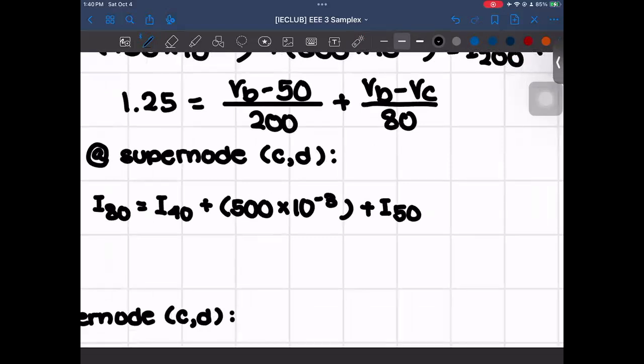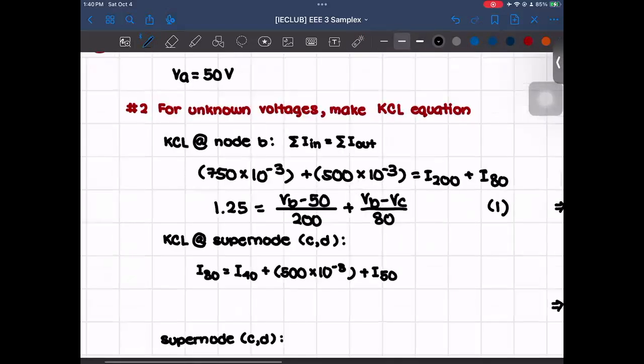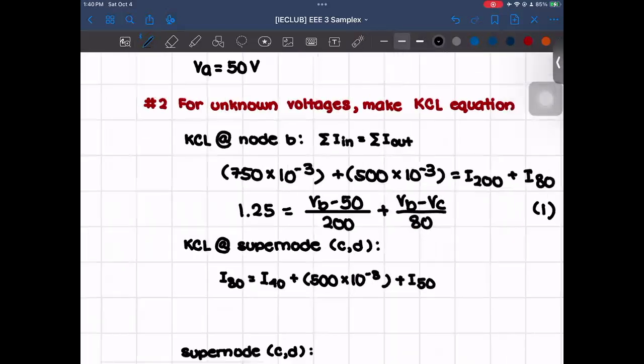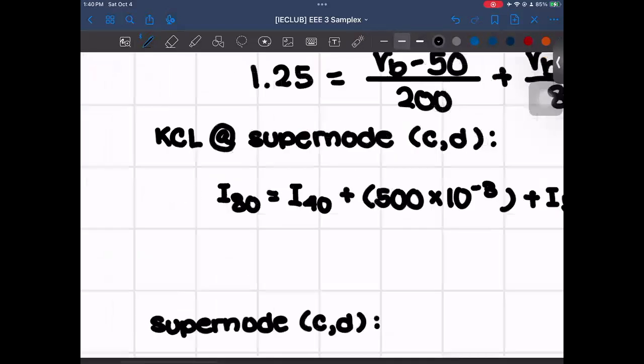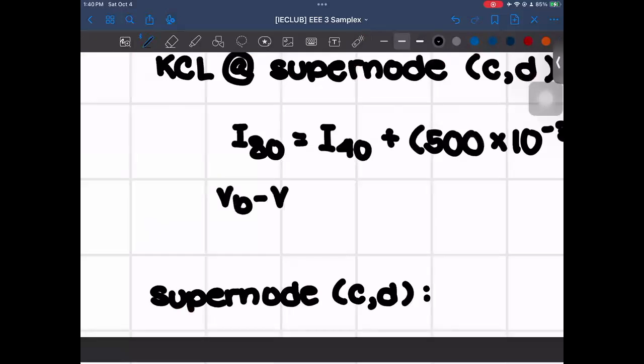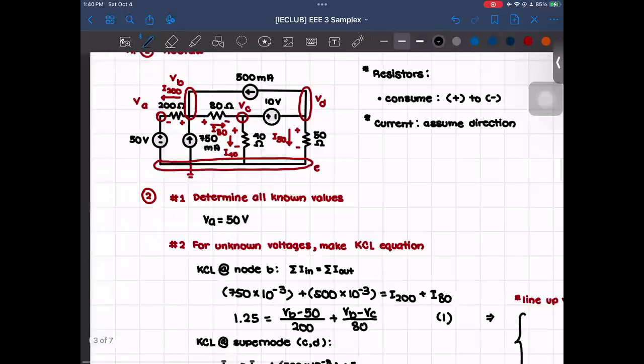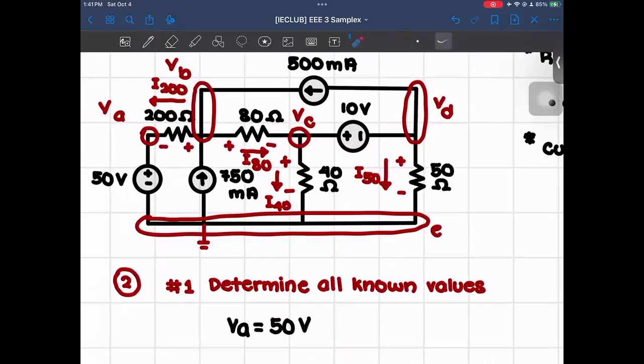And then similar to what we did for the KCL equation at node B, we could convert these all into our voltage variables. For I80, it's going to be a similar equation to a while ago. So that's VB minus VC over 80 is equal to, for I40, VC minus the ground, but for the ground we can ignore that, so it will just be VC over 40.